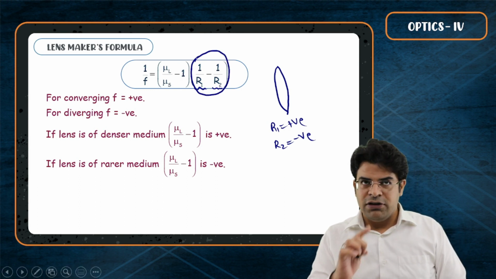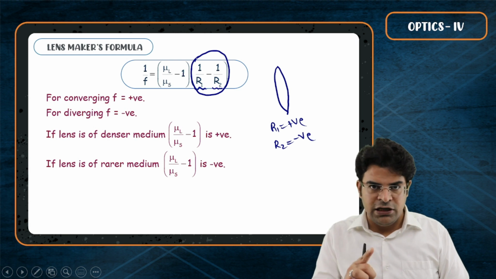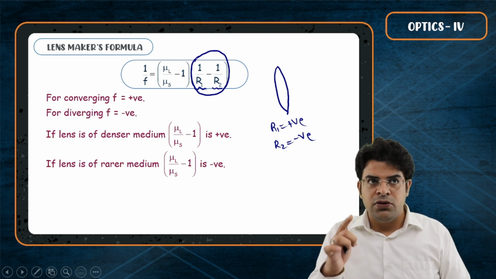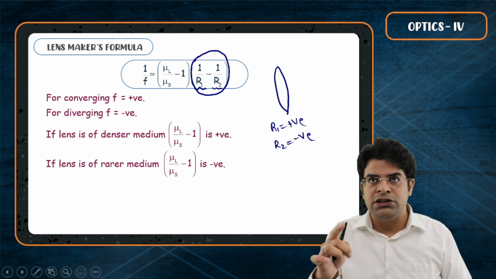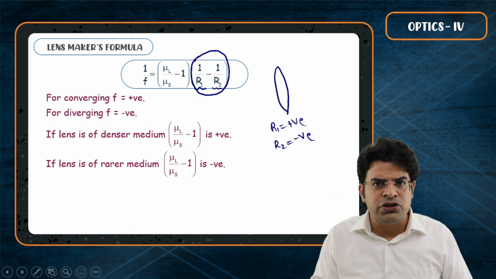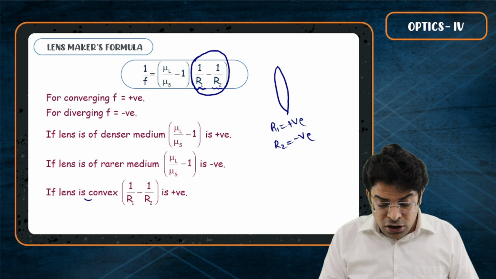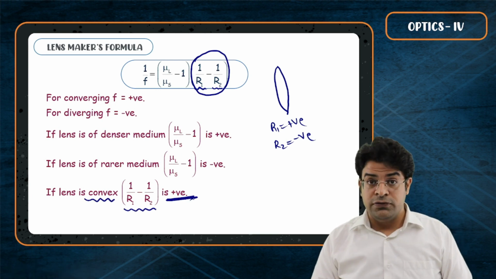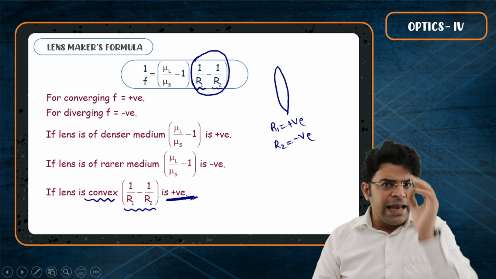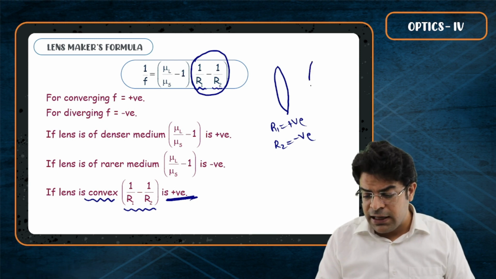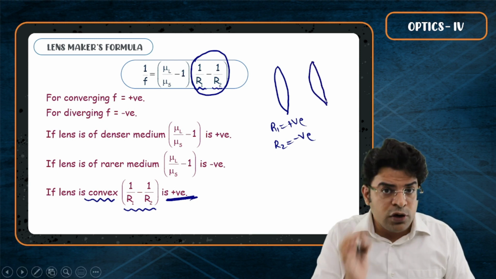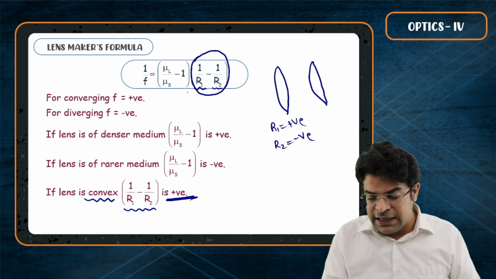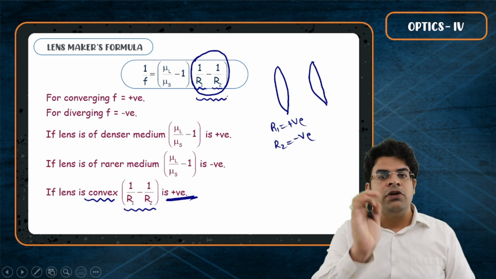So sir, R1 is positive, R2 is negative, yes. Then 1 by R1 minus 1 by negative number becomes 1 by positive plus 1 by positive, that is positive. So understand that for a convex lens, any lens which is thick in the middle and thin on the side, you always get 1 by R1 minus 1 by R2 as positive.